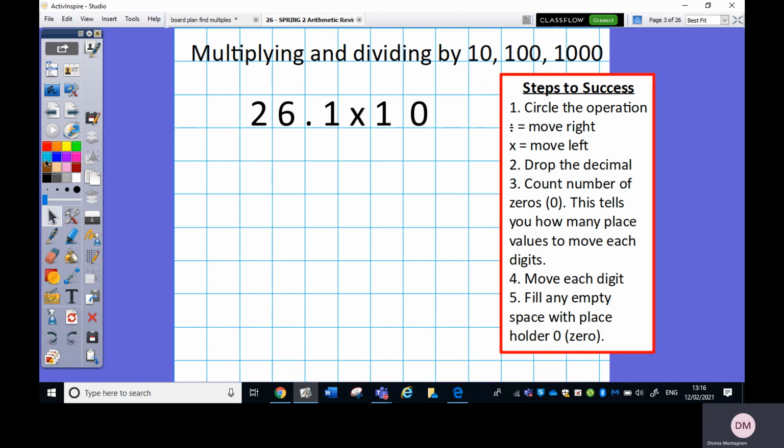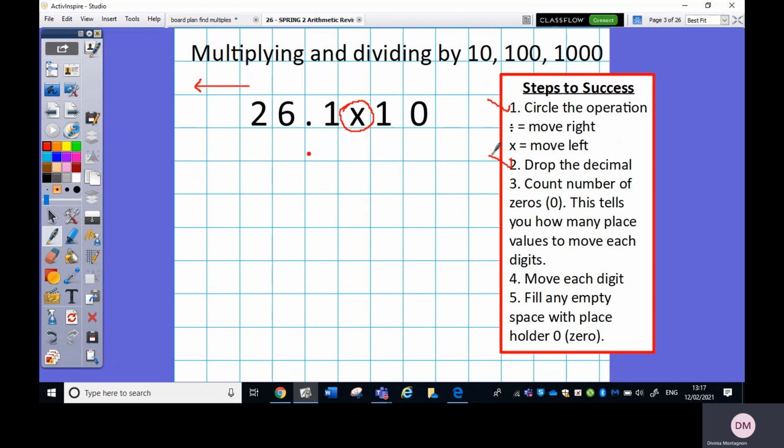So let's begin. We have here number 1, circle the operation. So I'm going to circle the multiply, which means that I'm going to move all of my digits to the left, which means that this number is now going to become 10 times larger. 26.1 multiplied by 10. I'm now going to drop my decimal here.